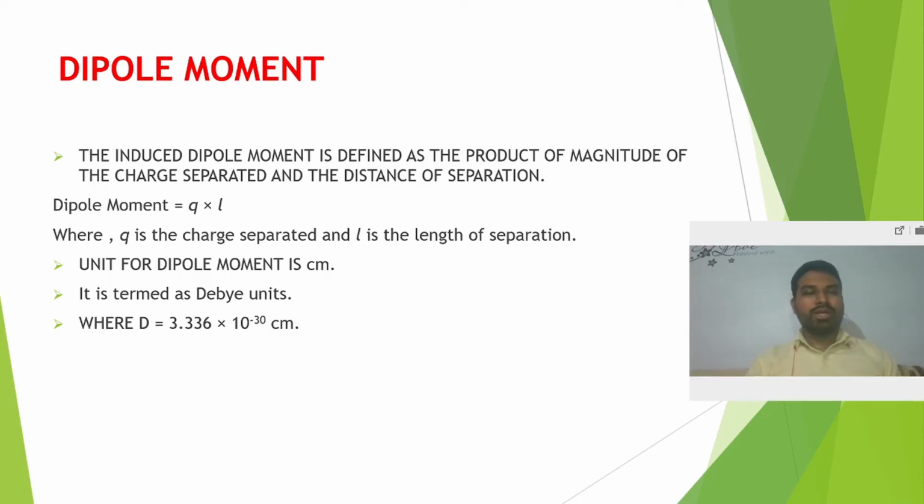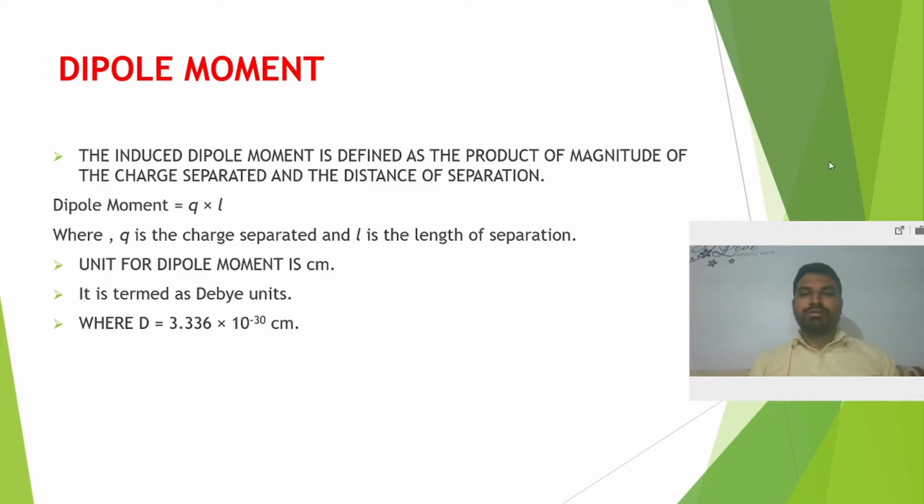Dipole moment formula is given by Q into L, where Q is the charge separated and L is the length of separation. Unit for dipole moment is centimeter. It is termed as debye units, where one debye will be 3.36 into 10 raised to minus 30 coulomb meter. It is the value of the debye, that is D.